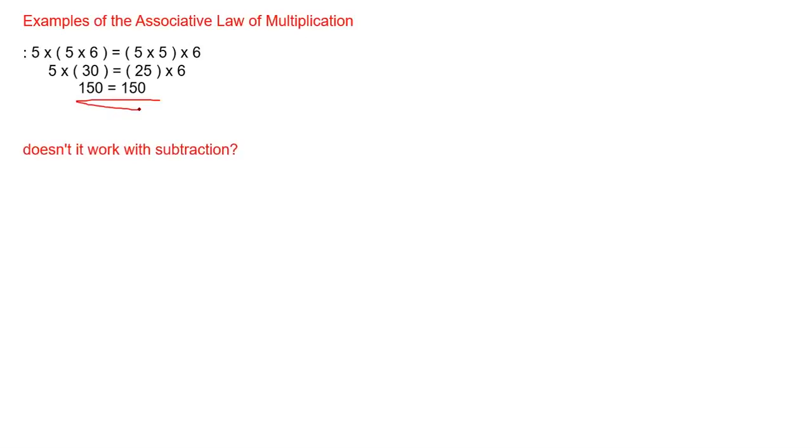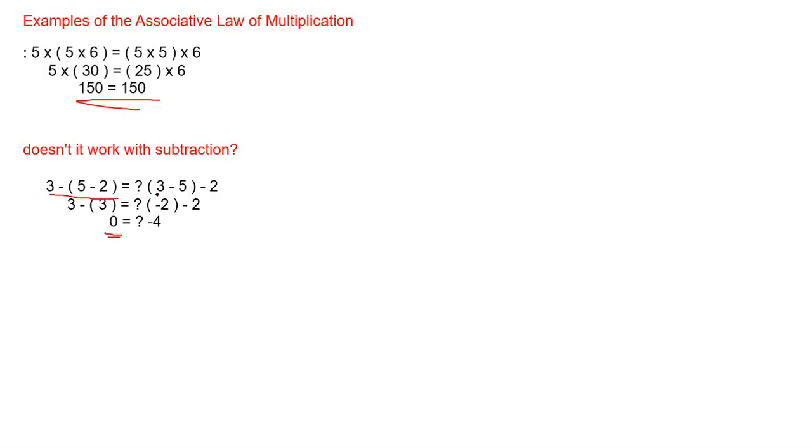Now, doesn't it work for subtraction? It's a question. Does subtraction obey the associative law? Let us try to check. So you can see when you work out the operation on this side, you get your answer to be 0.